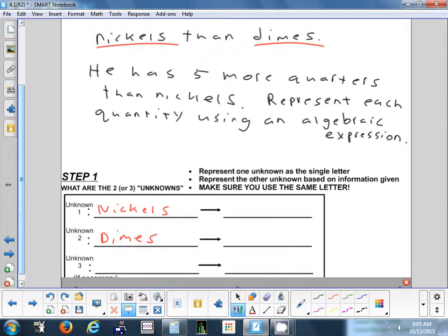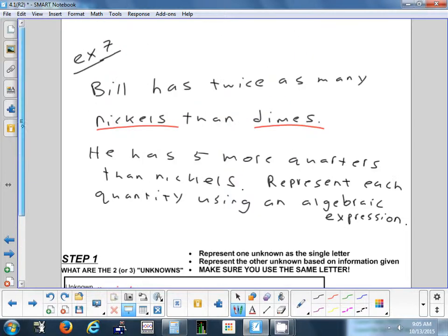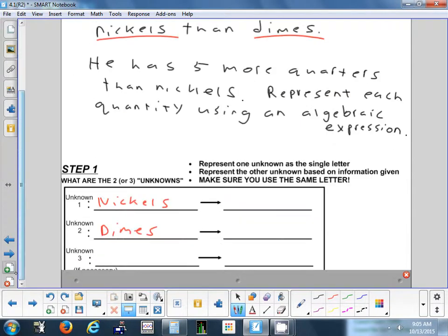Good. Which one here is going to get the single letter? Maria? And then I'm going to ask why. How come? Yep, dimes. It's the one right at the end of the sentence. How do you want to represent dimes? D. Yeah, I think D is pretty good. We make a D.